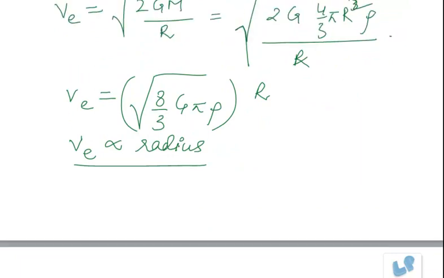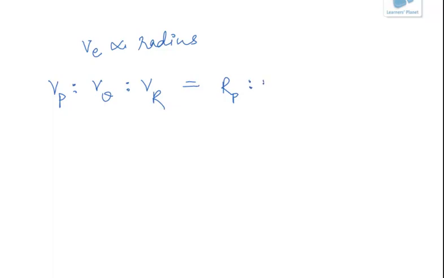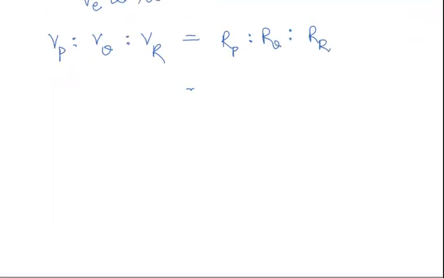Now if this is the case, escape velocity is directly proportional to the radius. So if we take the ratio of VP is to VQ is to VR, that will be equal to the ratio of radius of P, radius of Q, to radius of R. Now we know that the radii are in the ratio of r is to 2r is to 3 to the power 2 by 3 r.